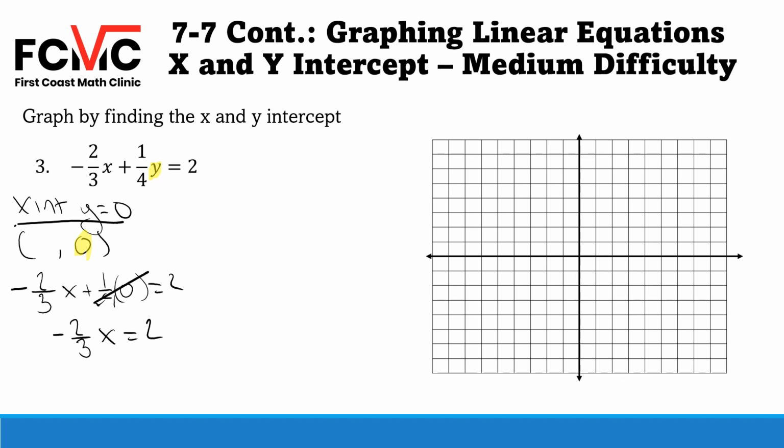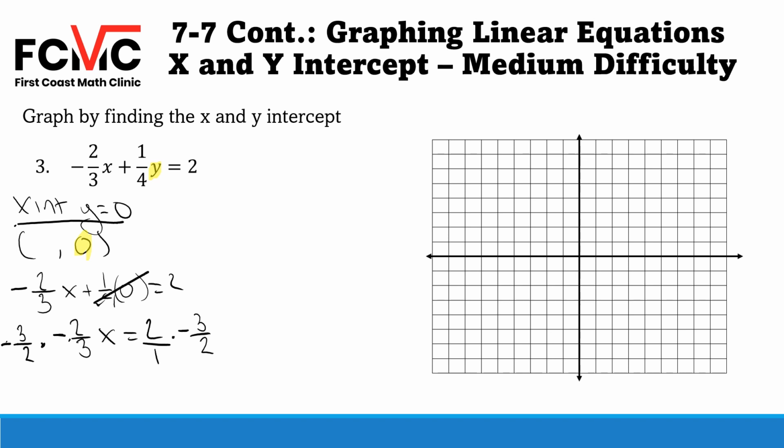So an easy way I can get rid of this negative 2/3 and get the x by itself is I can multiply by the reciprocal. So I can multiply by negative 3/2 and times negative 3/2. Put this 2/1. Negative times a negative is a positive.